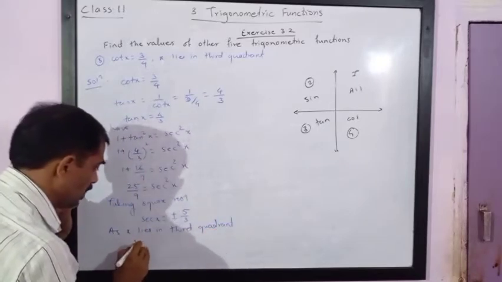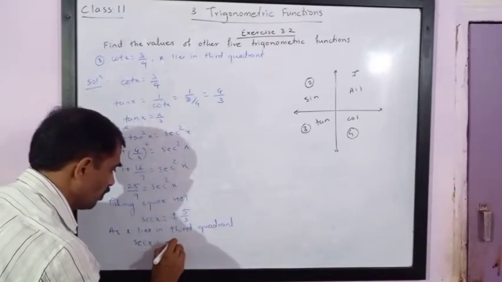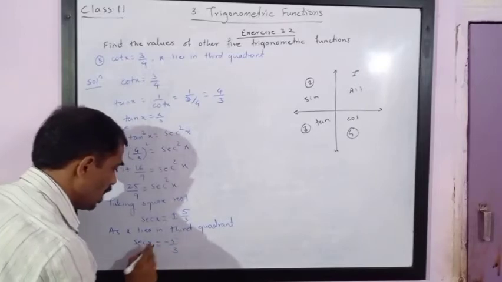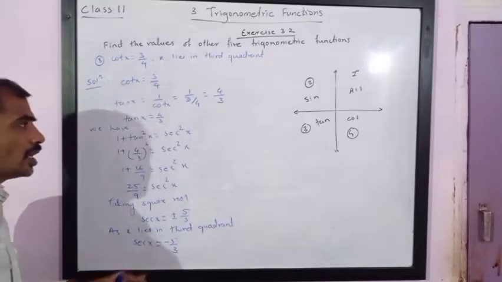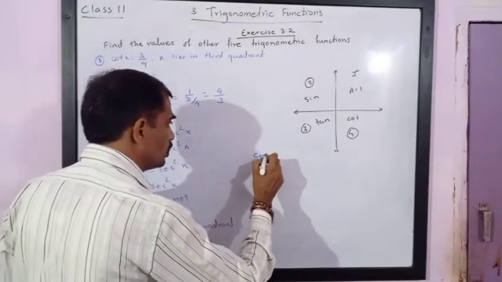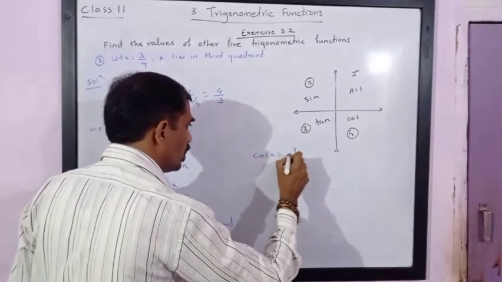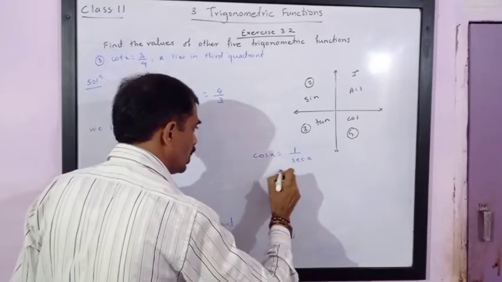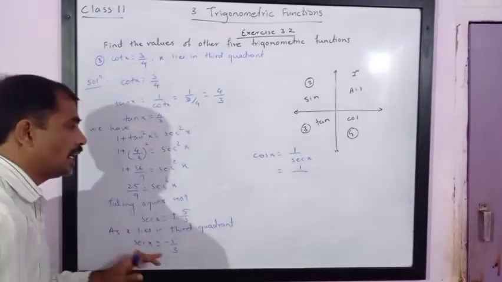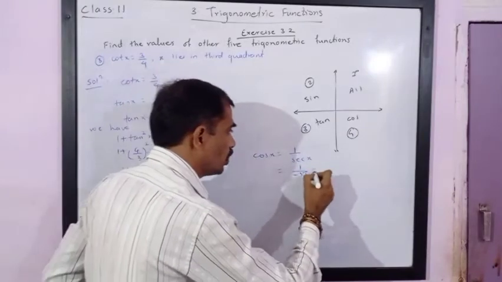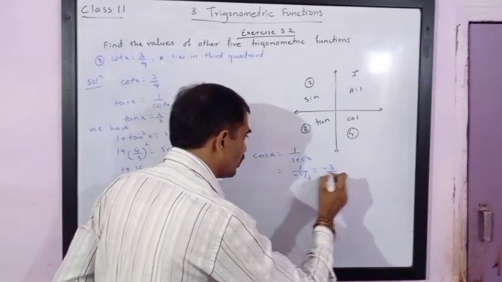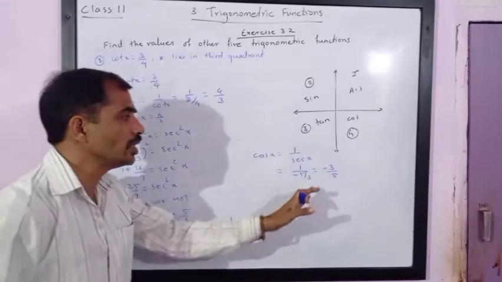So you will get sec x is equal to negative 5 upon 3. Now if sec x is negative, we will get cos x is equal to 1 upon sec x. So it means 1 upon negative 5 upon 3. So this is equal to negative 3 upon 5. Cos x is equal to negative 3 upon 5.